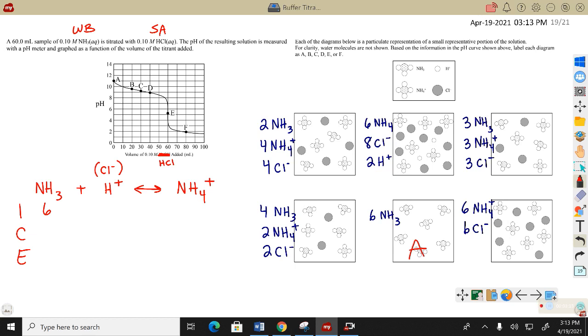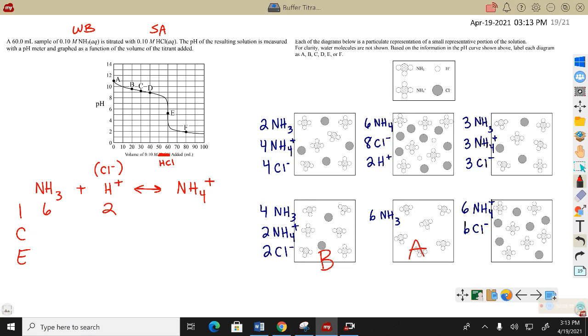So what if I were looking at something like this to be point B, where if I have 2 chlorine, it must have also meant that there were initially 2 hydrogen. The chlorine wouldn't have changed if it's a spectator.